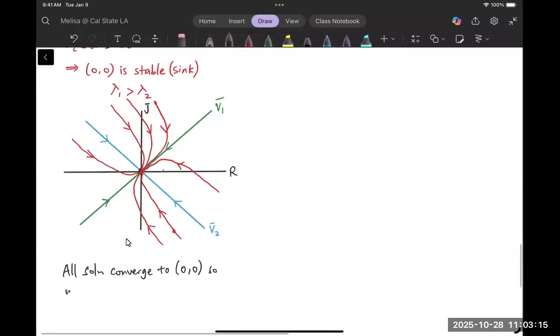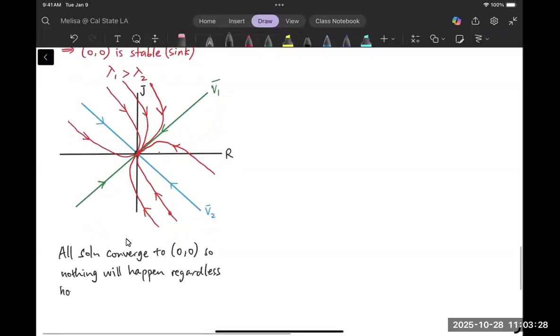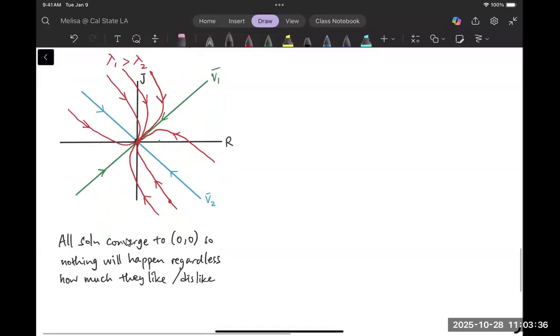So nothing will happen, regardless of how much they like or dislike each other initially.